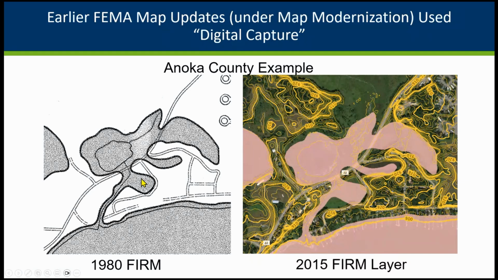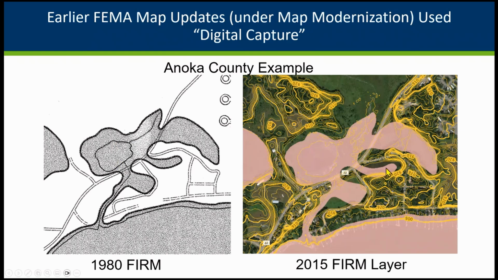Moving on, though, with our first set of digital maps, they weren't necessarily the best quality. In many cases, they did what we call digital capture. They just took what was on the old paper maps, they took that shape and put it into the new digital map. And in this example, you can see this was on the old paper maps.